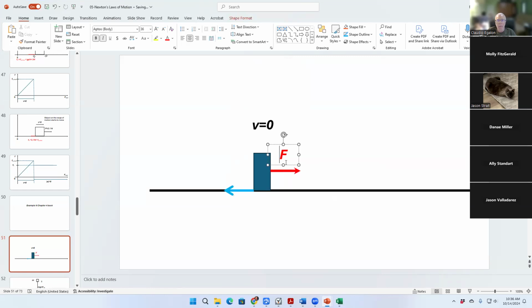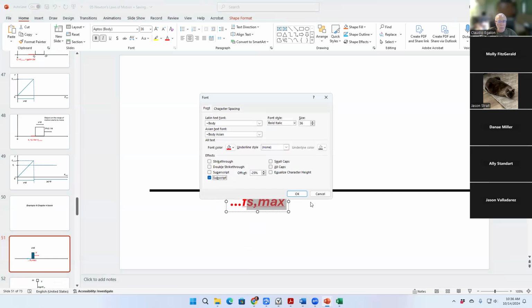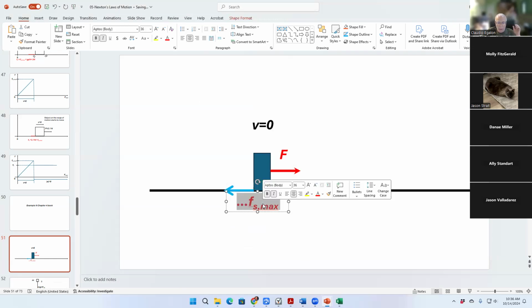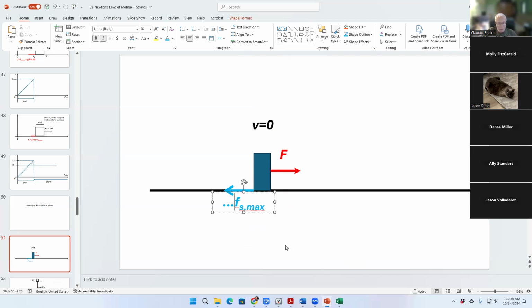On the top of that, I will label it F_s max. Okay, and I'm going to put it in blue color.